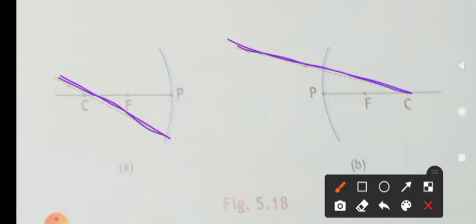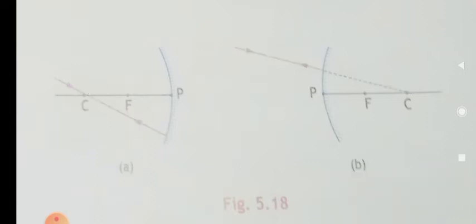Okay, children. The next concept: after reflection, a ray of light parallel to the principal axis passes through the focus of a concave mirror and appears to diverge from the focus of a convex mirror. After reflection, what happens to this parallel ray?